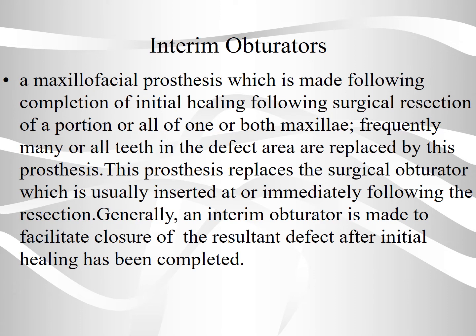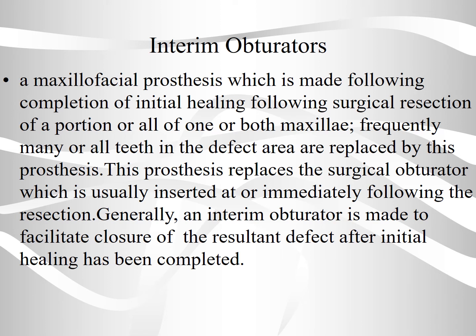So coming to the interim obturator, which is a maxillofacial prosthesis made following completion of initial healing following surgical resection of a portion or all of one or both maxillae. Frequently, many or all teeth in the defect are replaced by this prosthesis.